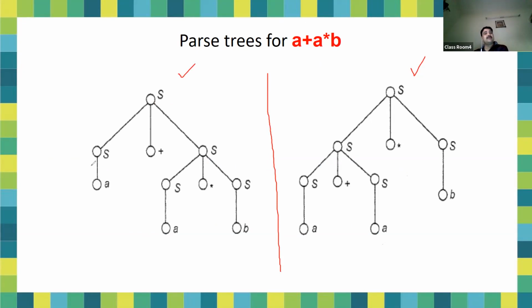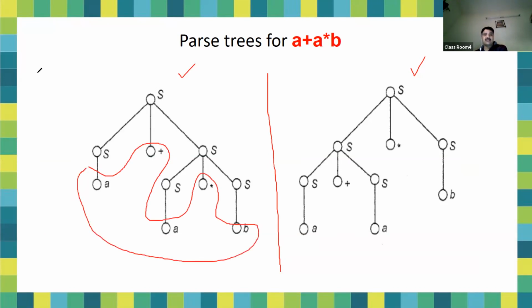You can find the string by concatenating the leaf nodes from left to right, without repeating any node. So you can find here the string or yield, both are the same thing. So how can we find the string or yield?